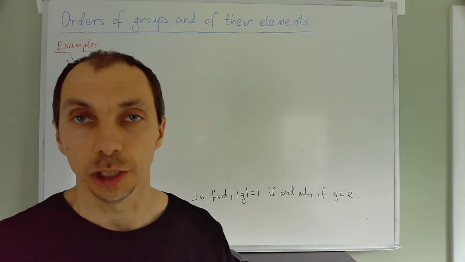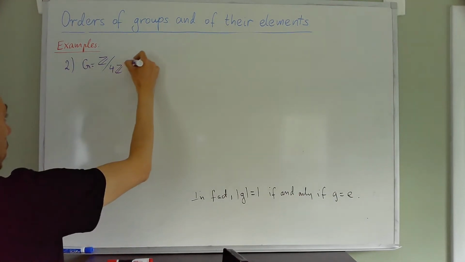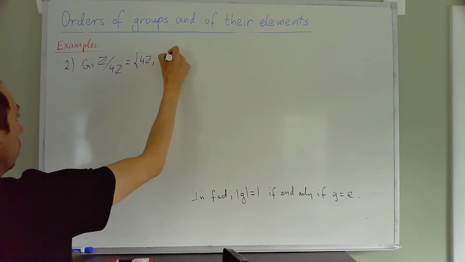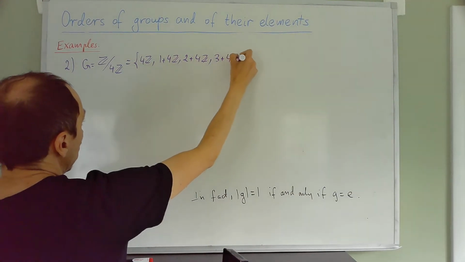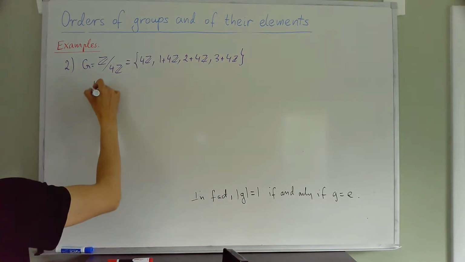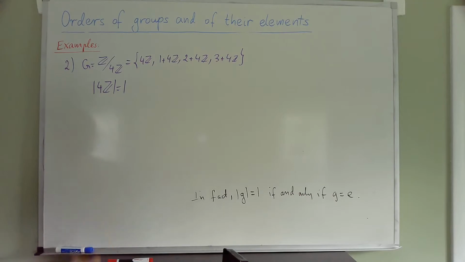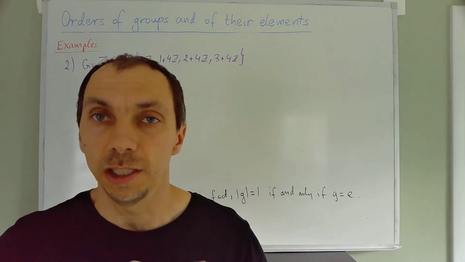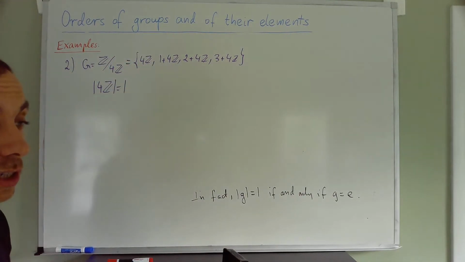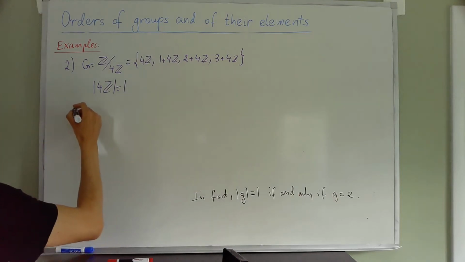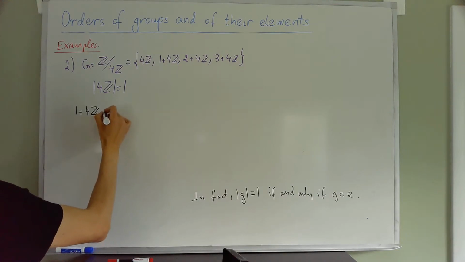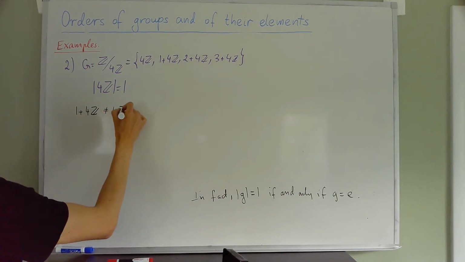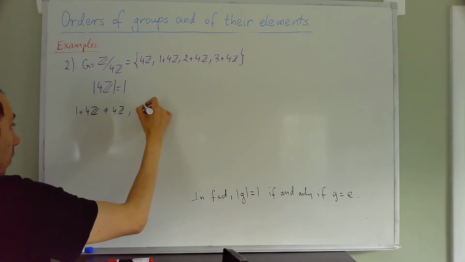Alright, here the operation is addition. So what are the elements? 4Z, 1 plus 4Z, 2 plus 4Z, 3 plus 4Z. What's the identity? 4Z, so I know the order of this is 1. Now let's start with the other ones. Remember, the operation is addition, and I need to get back to the identity. The identity is 4Z. So I start with 1 plus 4Z. Well, that's to the power 1, so that is not equal to 4Z. So I do it twice now.